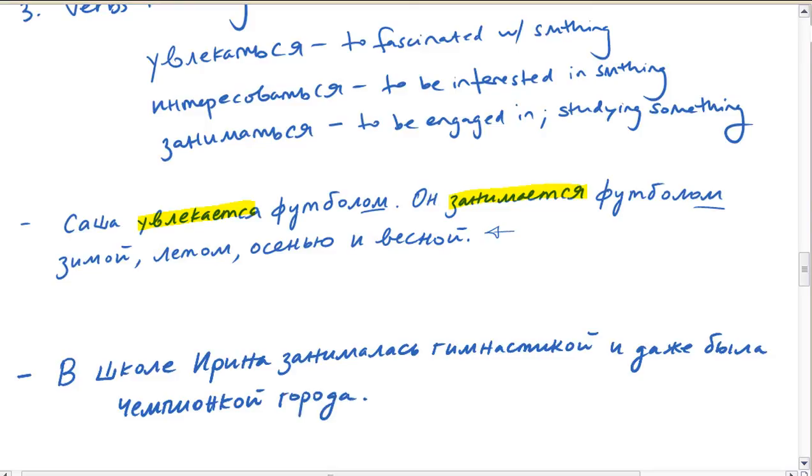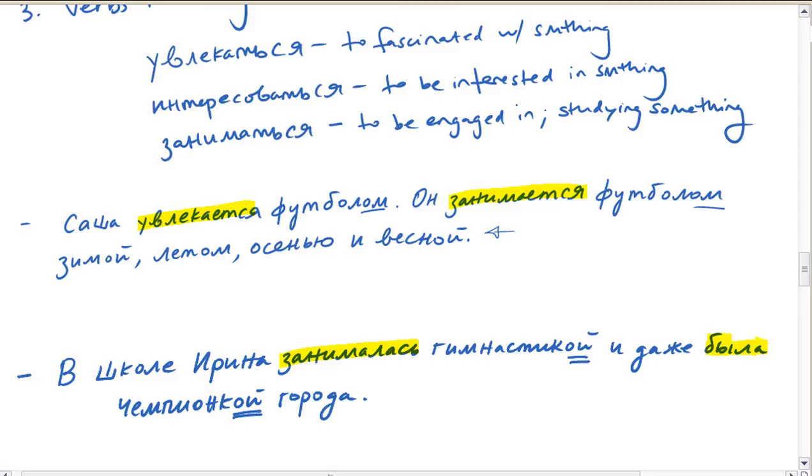Okay, so here we've got a couple. Заниматься plus the instrumental. Gymnastics is in the instrumental. And была, so she was temporarily, or the temporary state, the champion of the town, or the town champ.